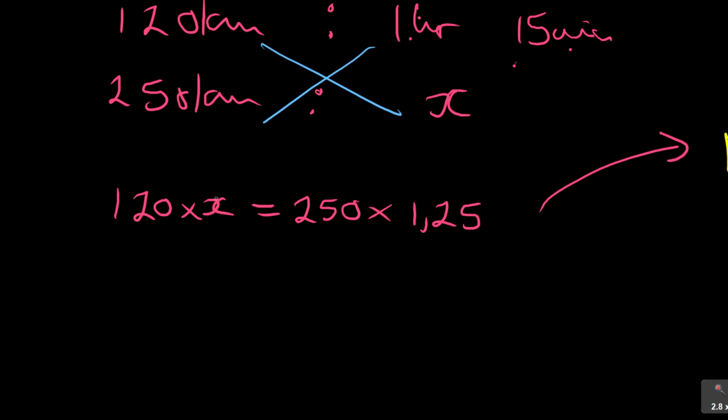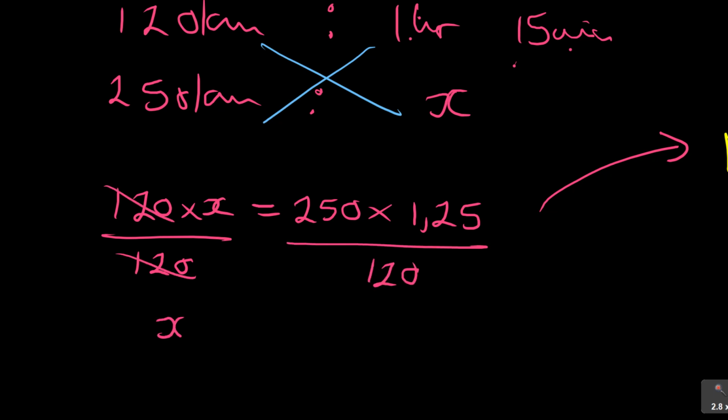And then how do you find X? Remember, it's multiplying, so you divide by 120 on both sides and cancel out. Then you've got your X. Remember, X is the time. That X represents your time.